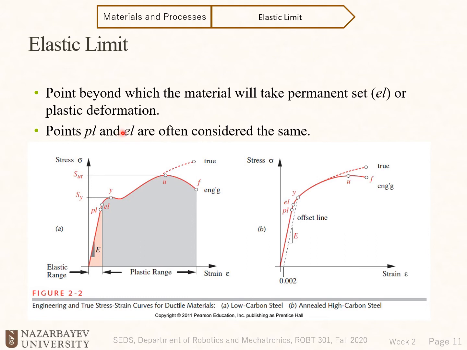Points PL and EL are often considered the same, yes? So the plastic and elastic points are often the same. They are slightly different in some specific materials, but for the sake of simplification and engineering modeling, we just consider them the same.